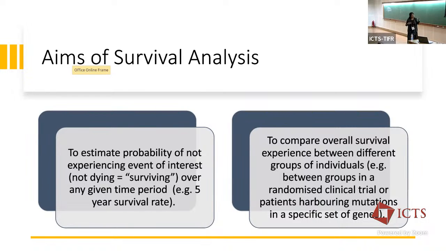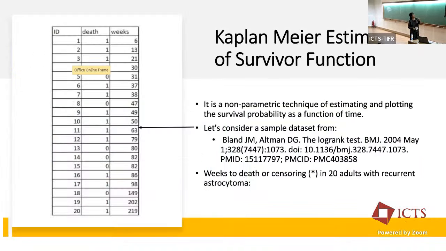Or it could be in a randomized clinical trial. Each group may be given a different treatment. Or I'm going to show you an example where I have stratified the cohort into two groups based on harboring a mutation in a certain set of genes, which I know are supposed to be important in that cancer. So you can split your group based on the interests you're working on.